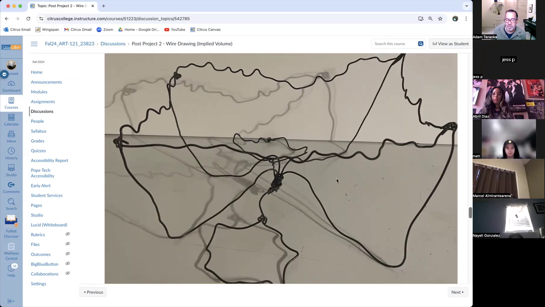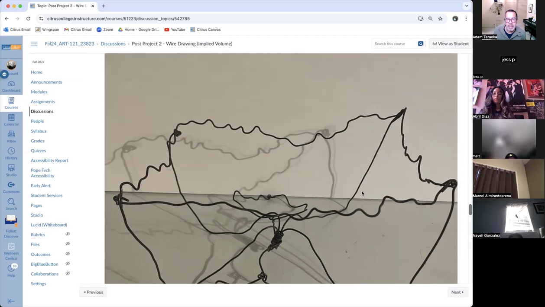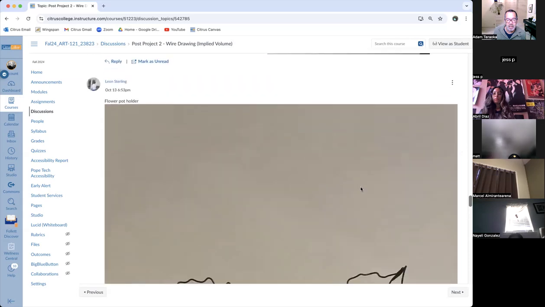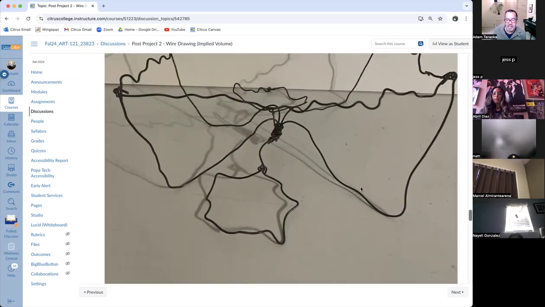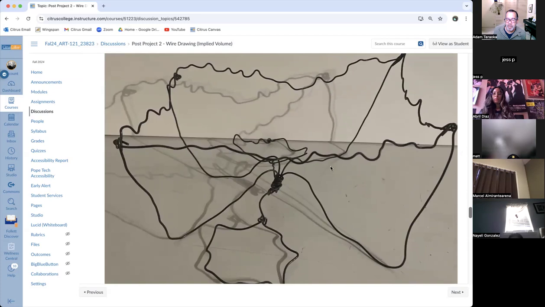And what I would do is, if you think about the film that I showed you guys, Masters of Modern Design, think about all the loops and stuff that go to make an implied volume. So in this case, if you're making anything like a holder or a basket, I would just start putting wire in here to make these sort of made up contour lines.